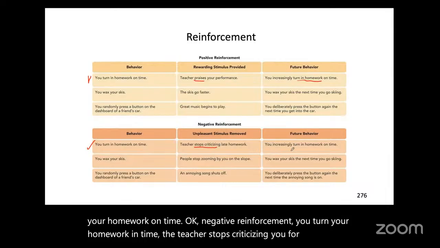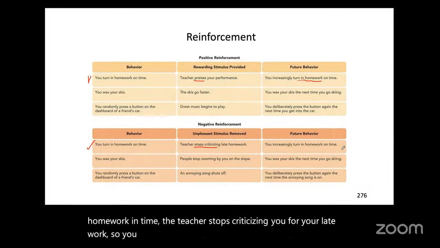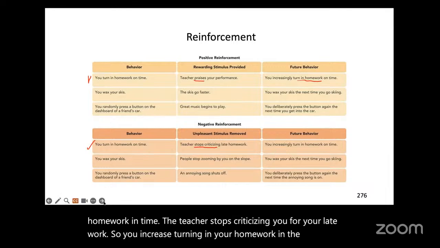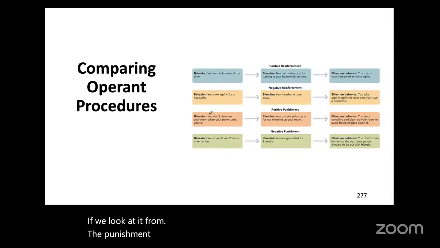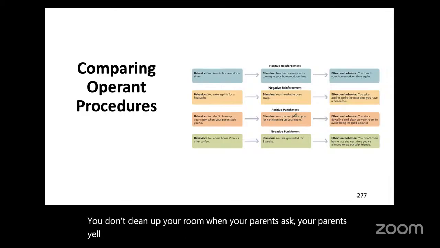So you increase turning in your homework in the future. Okay. If we look at it from the punishment side, you don't clean up your room when your parents ask, your parents yell at you, so they add something, yelling about you cleaning your room, so you stop dawdling and clean up your room. Okay.